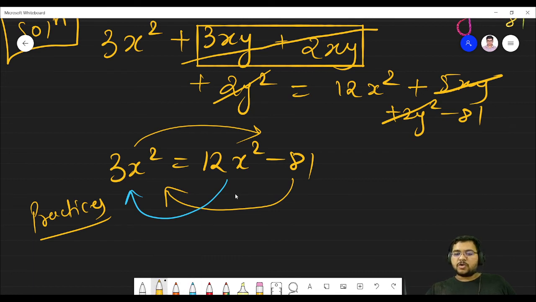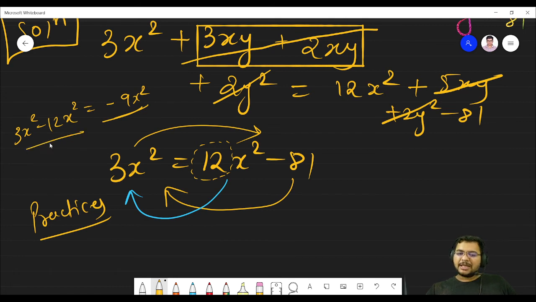What we should always do is make the coefficient, meaning the number which is multiplied to the variable or the term, a positive number. So if I take this 12x square on the left-hand side, it will become 3x square minus 12x square, which equals minus 9x square. This way also you can do, but there is a possibility that you make some mistakes.